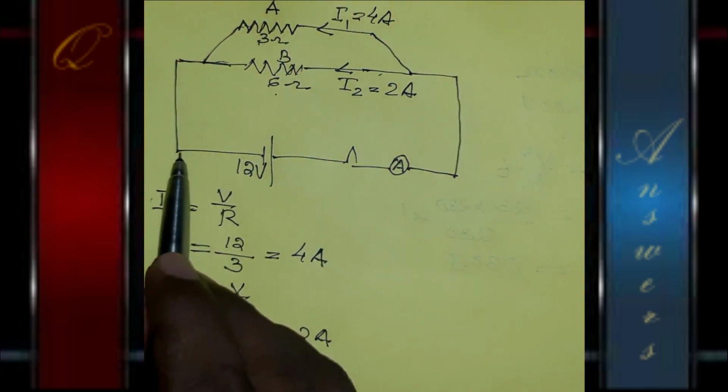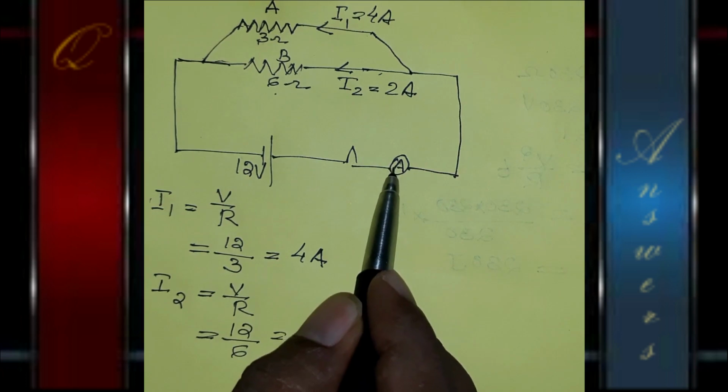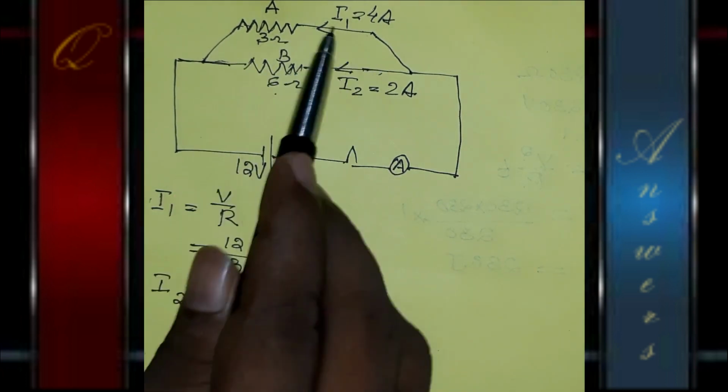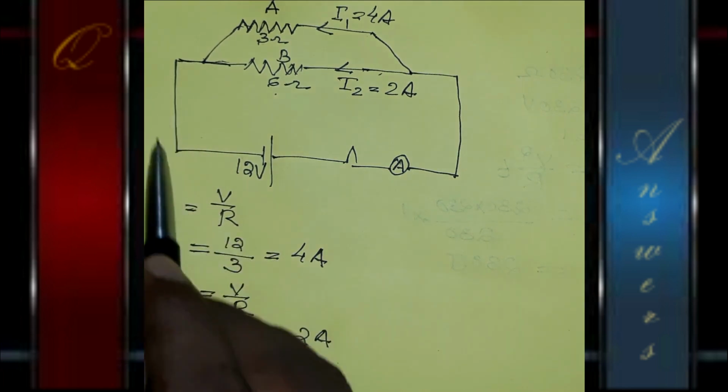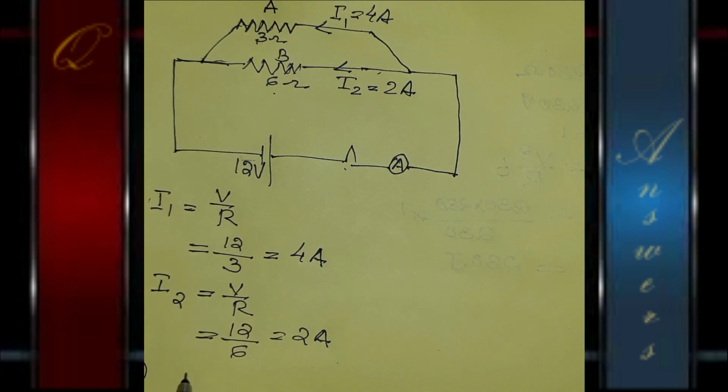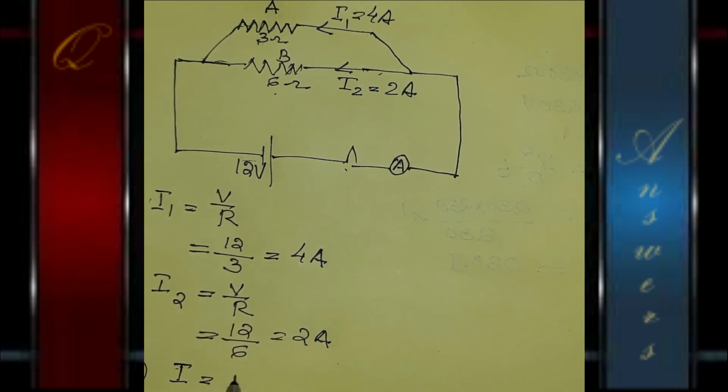It will be the current flowing through the main circuit, which is 4 plus 2. The main current will be 4 plus 2, that is 6 ampere. So the ammeter reading is 6 ampere.